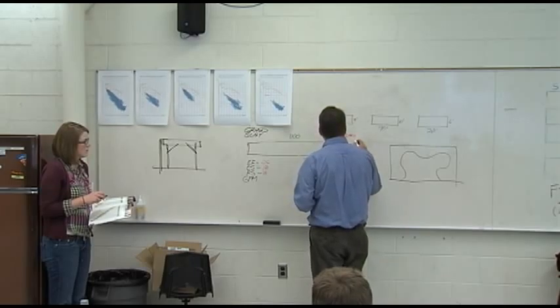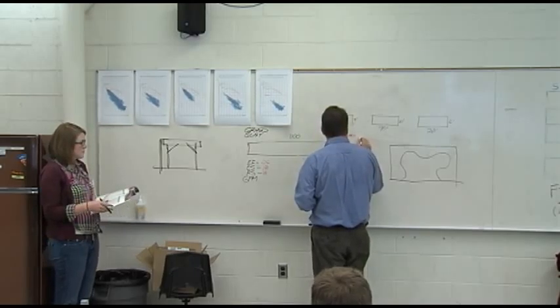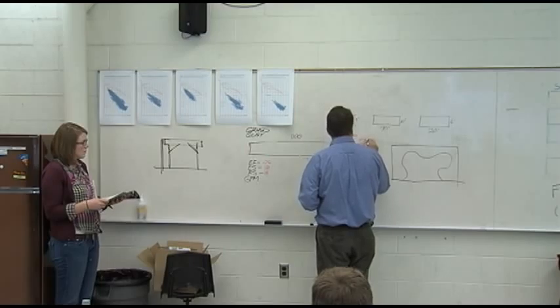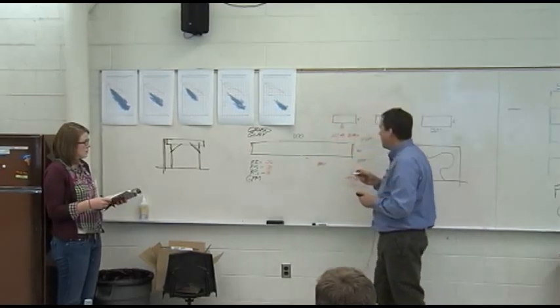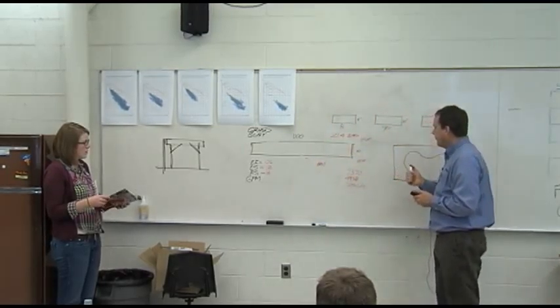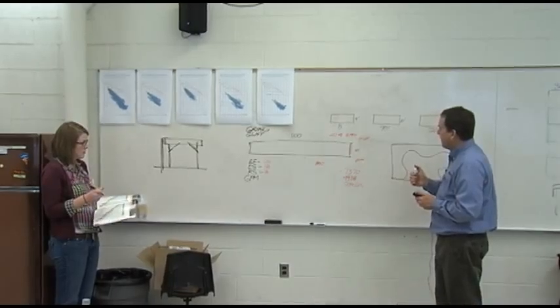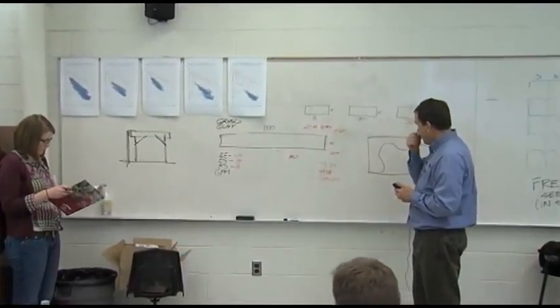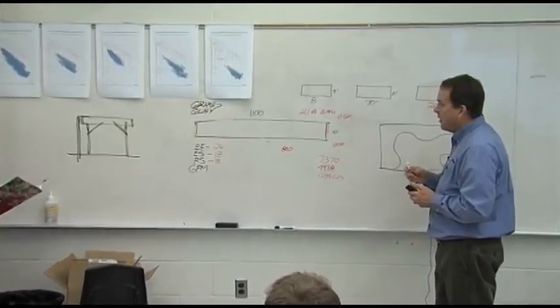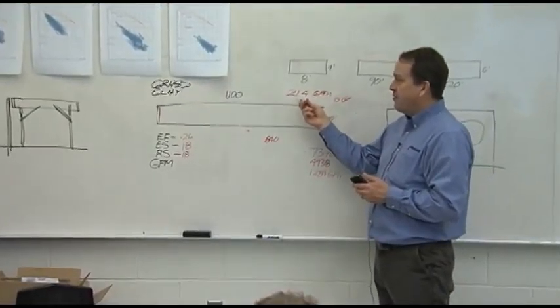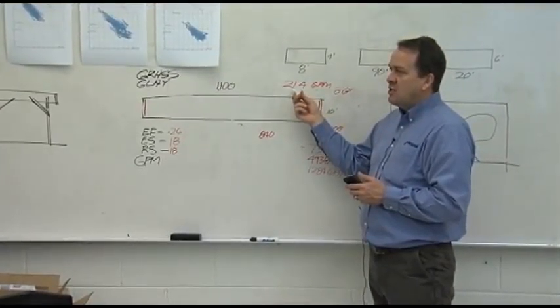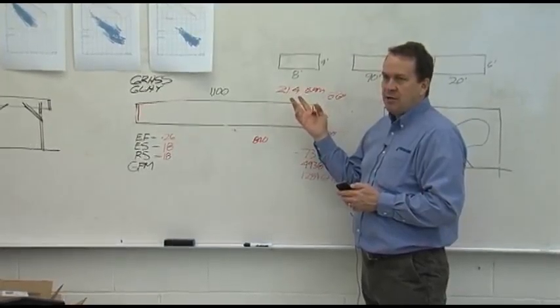Okay, so let's change this up. Let's say that we only have 8 gallons a minute per zone. How are we going to divide this up? Basically, we have 21 gallons, and 8, we're going to have 3 zones.